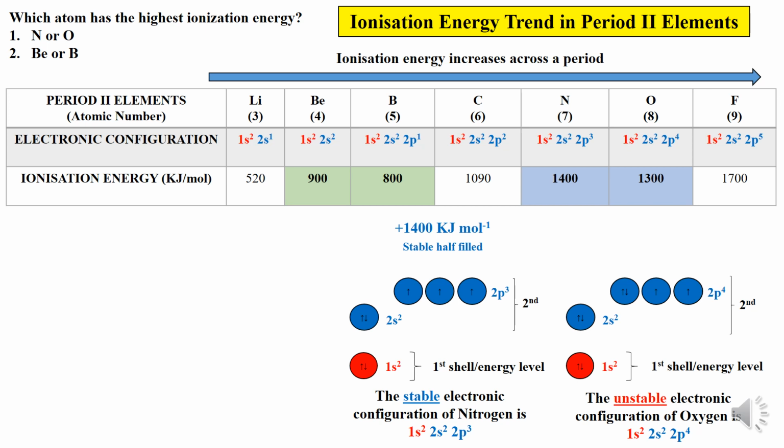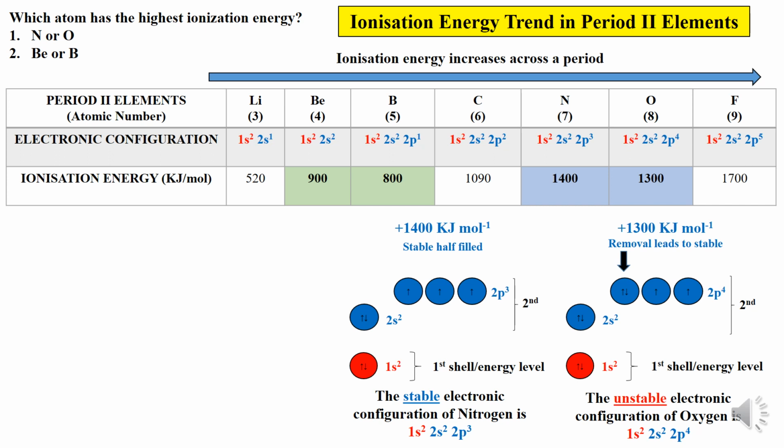In case of nitrogen, 1400 kilojoules per mole of energy is required to remove the valence electron, that is the p electron. Well, in case of oxygen, 1300 kilojoules per mole of energy is required. So why the difference?